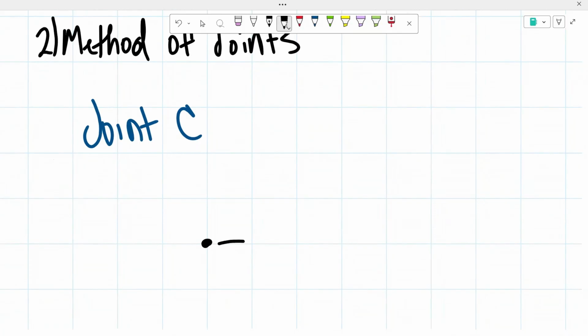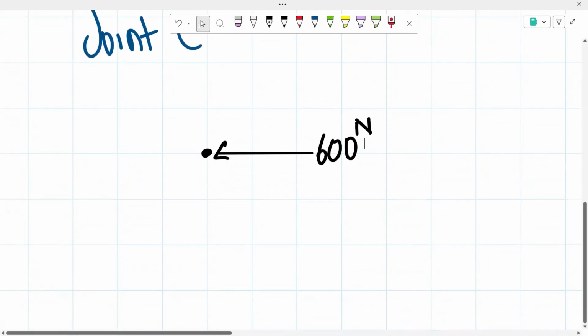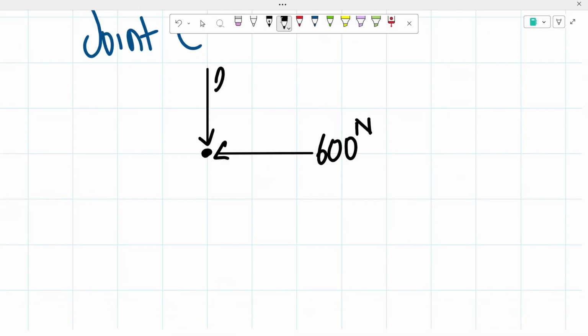We have our Cx that we know is going to the left with a value of 600 newtons. From there, we have our Cy that we know is acting downwards with a value of 200 newtons. And then we have the forces of the two bars.